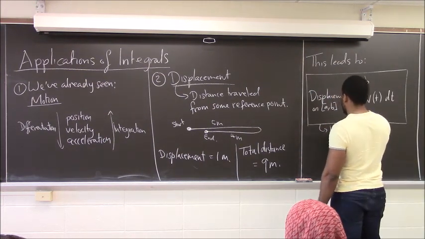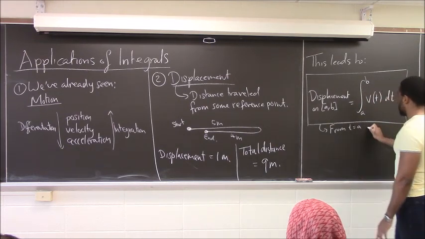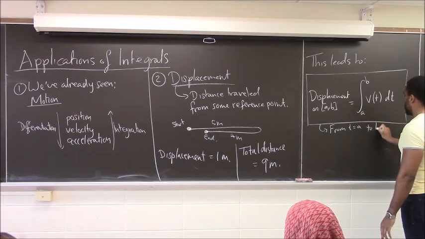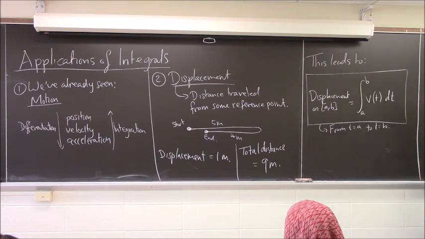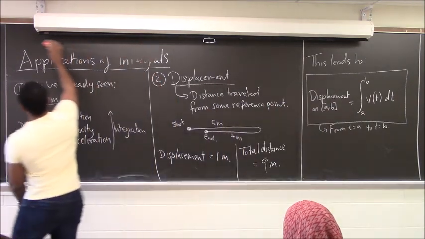So if you count from t equals A, which is some initial time, to t equals B, and you want to find displacement, it is simply an integral. Now that will tell you the actual distance you move from the original.